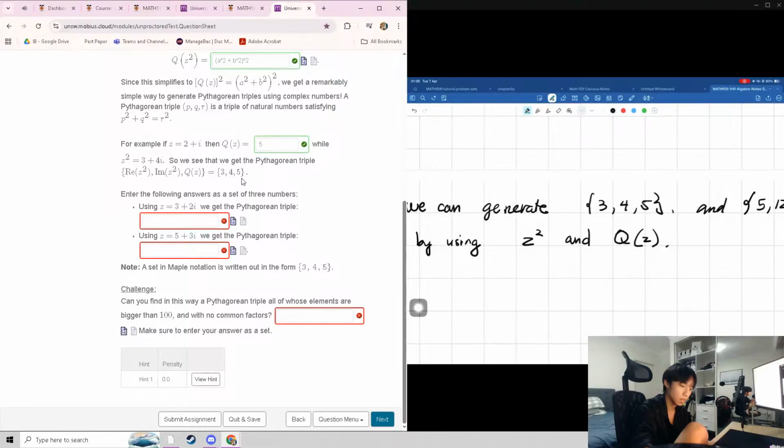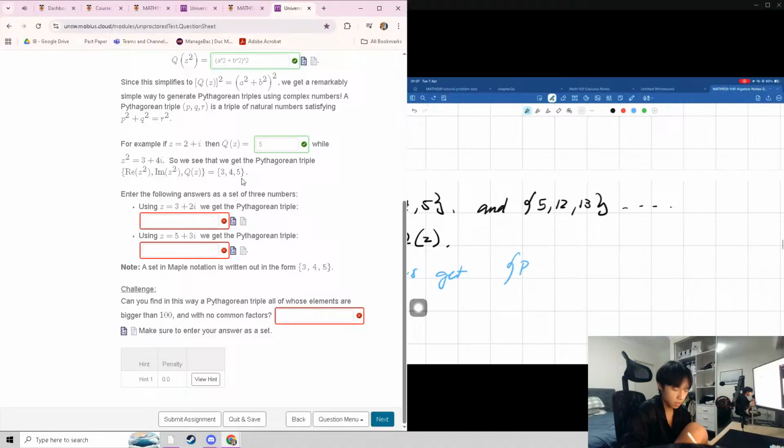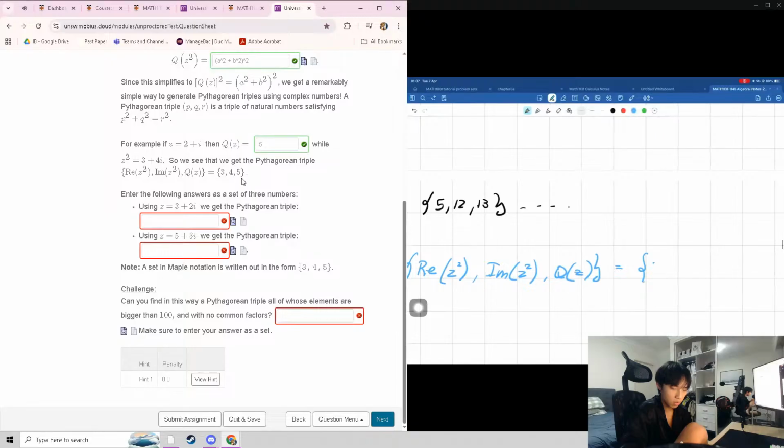Oh, that's what they're saying. So we can always get the real of z plus the imaginary part of z and qz, which is equal to 3, 4.